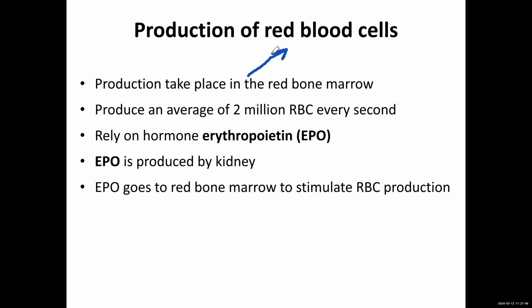They live on average 4 months, so every 4 months you need new red blood cells. That's why every second you synthesize 2 million red blood cells inside your red bone marrow, and you need a special hormone produced by your kidney, EPO, to control and stimulate this process.